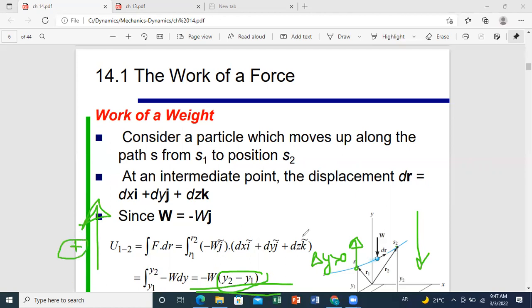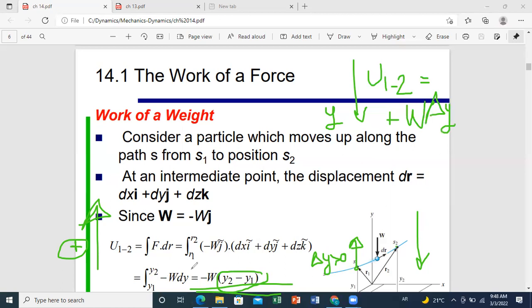If in a problem they give you y-axis positive downward, what will be the difference? What will be the w delta y, into y2 minus y1? Exactly. So the expression of the work will be different: instead of minus W delta Y, it will be equal to plus W delta Y. So pay attention, please, to the frame.